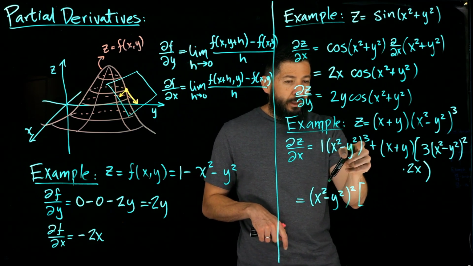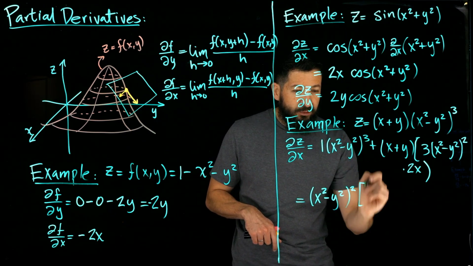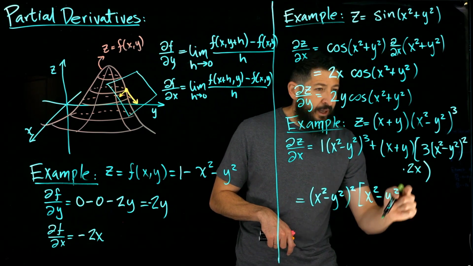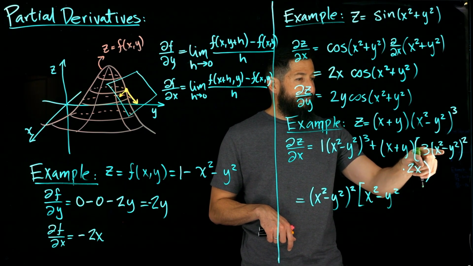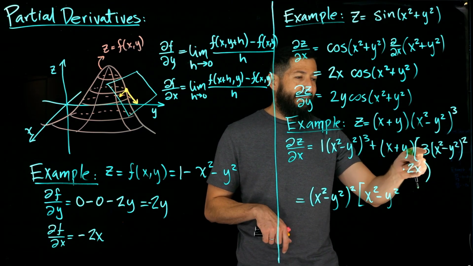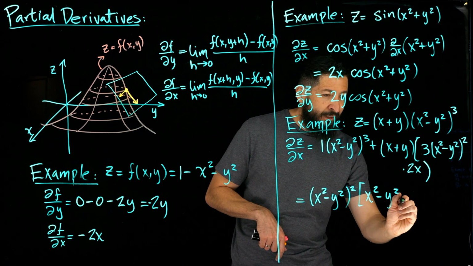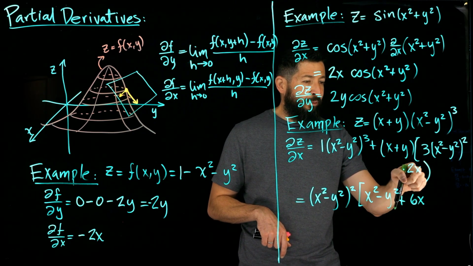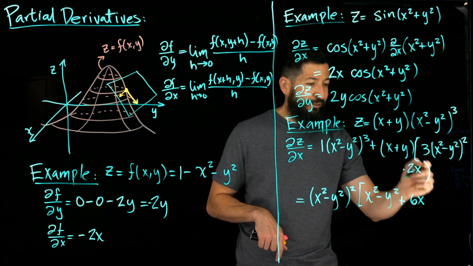And then I'm going to have 1 left over here, because I had 3, I took 2. I'm left with 1. And then here I took one of them. This 2 is gone. Or these 2 are gone, rather. I have a 3 times 2, so it's going to be 6x, 3 times 2 times x, 6x times still x plus y.